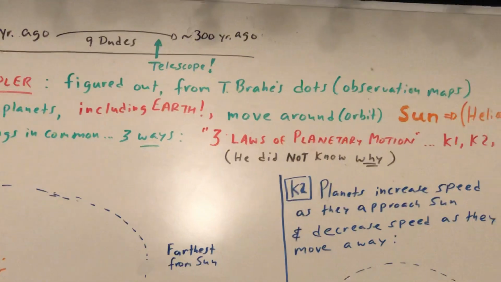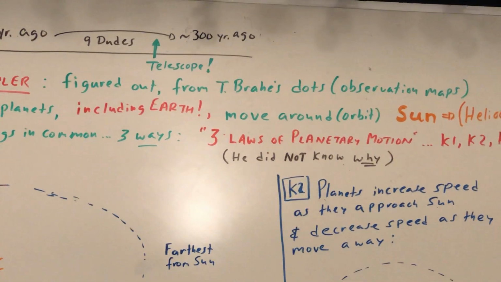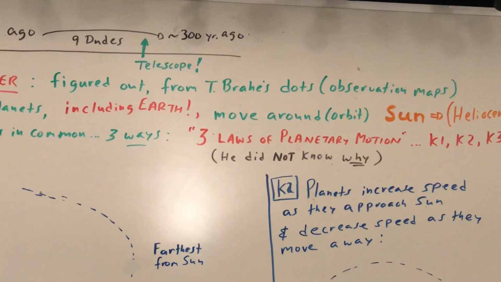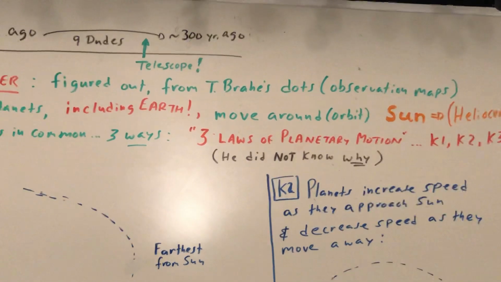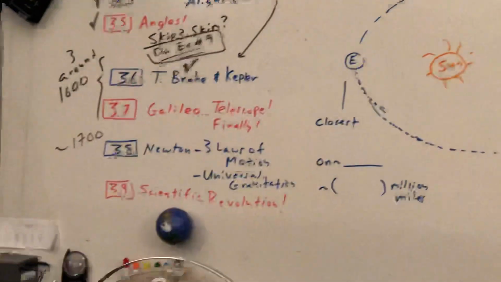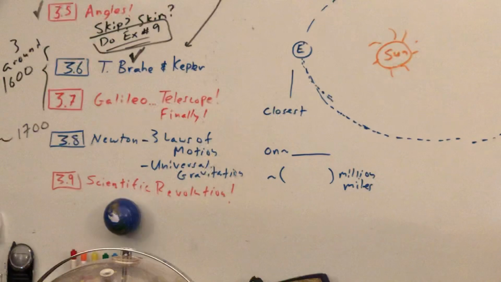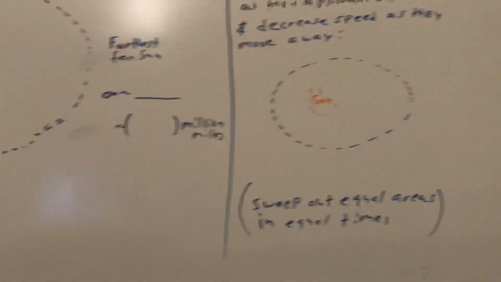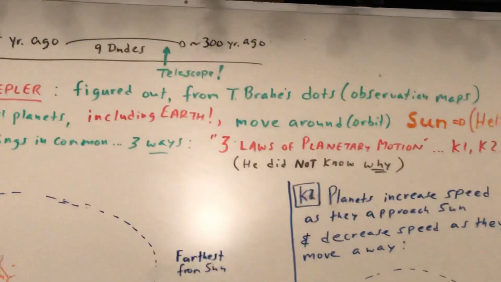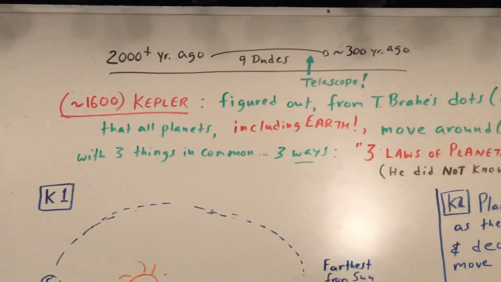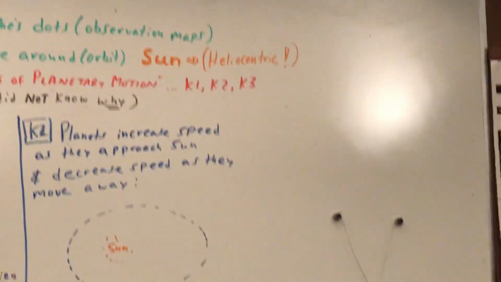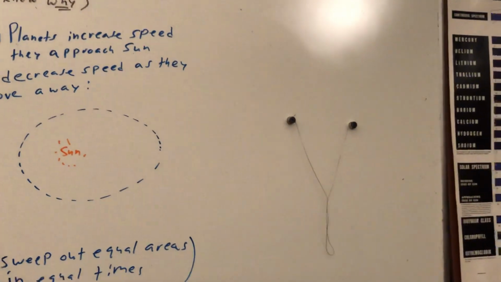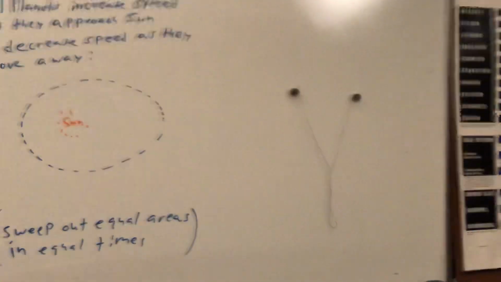There are 3 laws. There are 3 ways that every planet moves. But he didn't know why they did that. And he won't know. Let me give you a preview of that: Newton, okay, 3.8, Isaac Newton. All right, so we don't know that yet. How do they move? We're going to talk about that. As we go over here, I'm going to show you something. You might see those shapes up there, right?